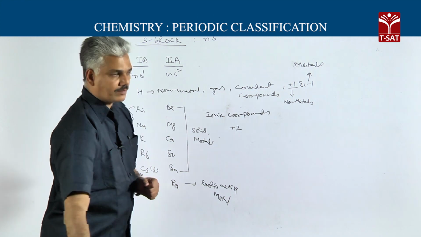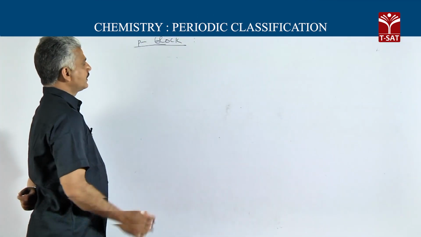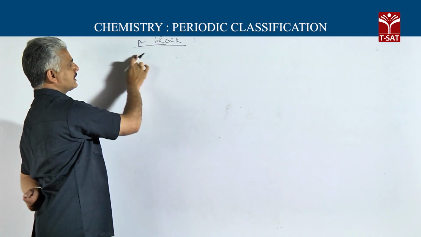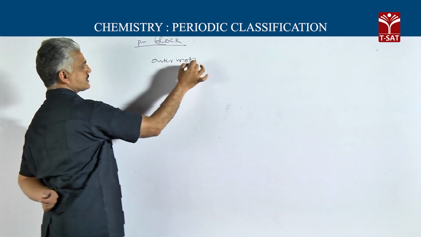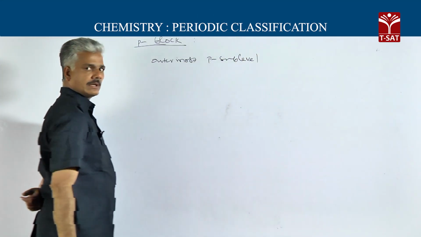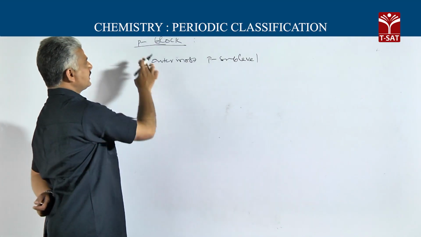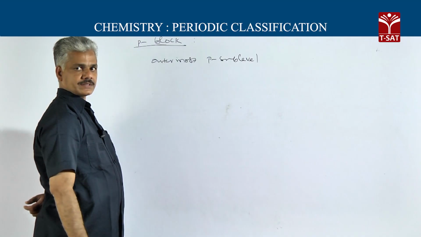Next is p block elements. The elements in which the differentiating electron enters into the outermost p sublevel are called p block elements. A p sublevel can accommodate a maximum of 6 electrons.